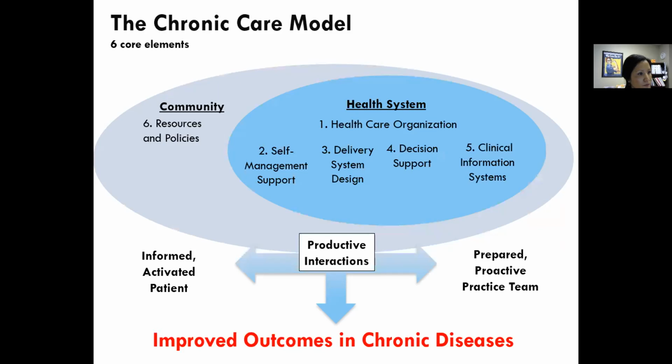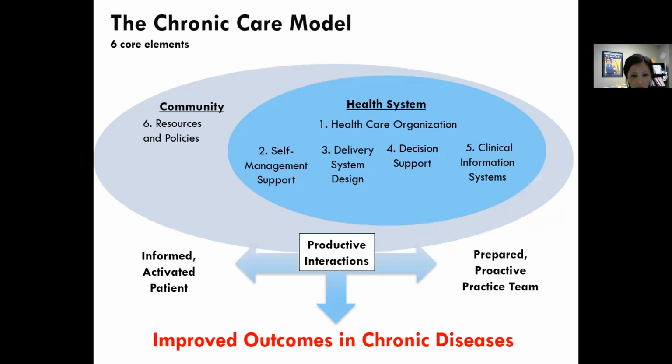All of that improved health system resides in a larger community that has resources and policies to support the work that you're doing, because a health system cannot do everything for the patient. As you know, and especially in Wyoming, social determinants of health are a huge factor for many of your patients, and those resources can be found in the community. They can't be expected to be inside the health system.